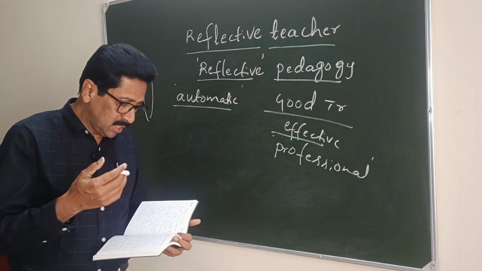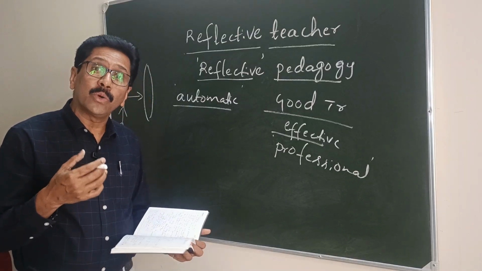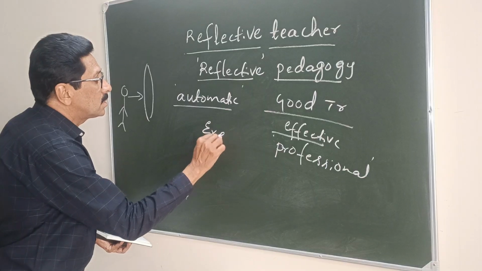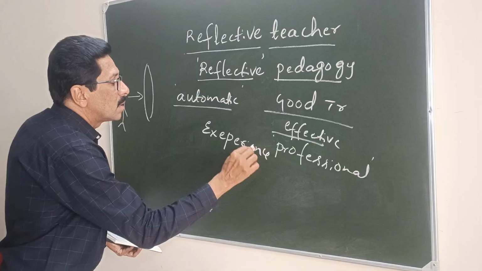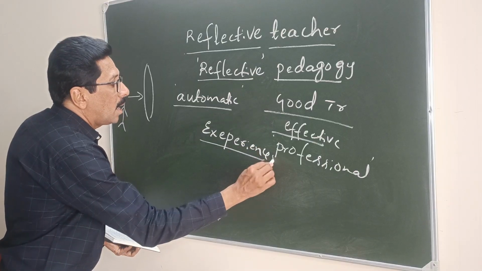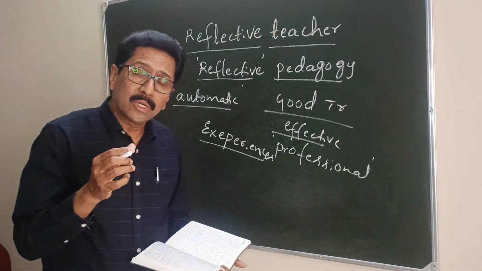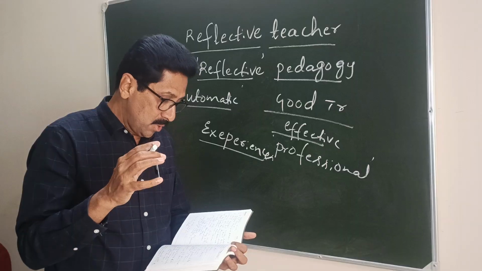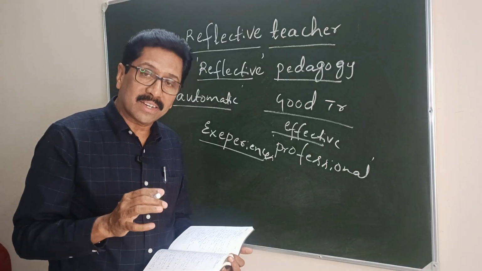So these are the things: reflection on one's own experiences, reflection on one's own assumptions. The teacher has to reflect on his or her experiences or assumptions also. And before doing the reflection, the teacher needs to have clarity on the socio-cultural context of learners.